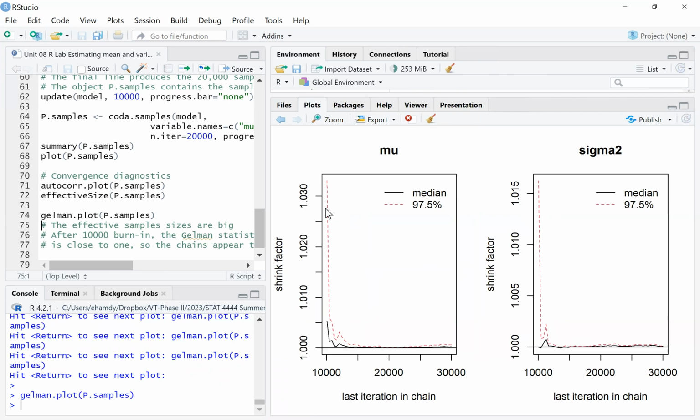I know this one looks very far away from 1, but it's not far away from 1. If you look at the y-axis, it is 1.03, and this one is almost 1. So 1.05 is fine, 1.1 is fine, but I said to start from 10,000 and it looks like convergence happened at 10,000, which is fine.